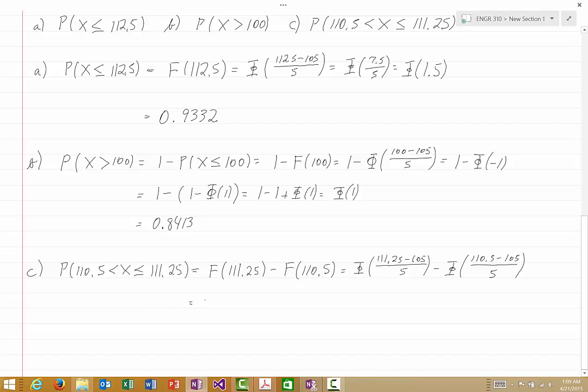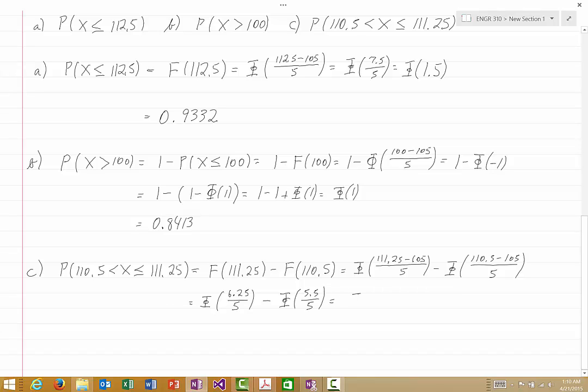In the first case, we will have phi of 6.25 over 5, and then we subtract from that phi of 5.5 over 5.